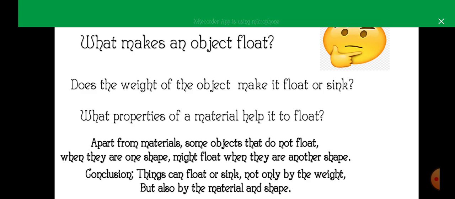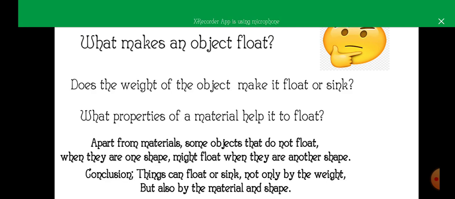Another question is, does the weight of the object make it float or sink? Of course, yes. Remember when you hold a stone, how do you feel? Is it heavy or light? Of course, when you carry a big stone, the weight of that stone is heavy.